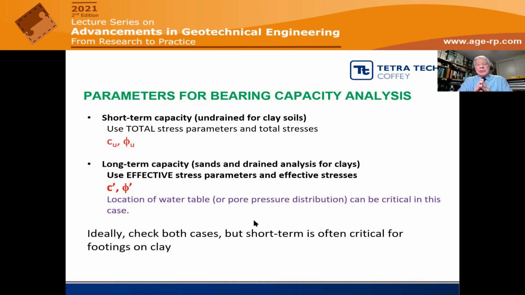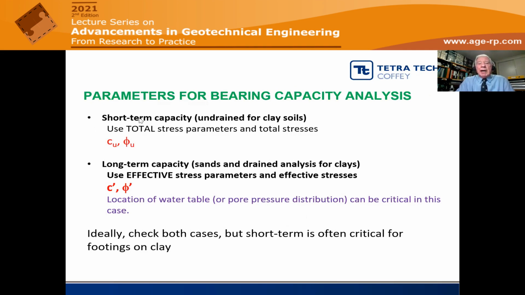Now, very importantly, we need to recognize that soil being a somewhat complex material, the parameters of that soil depend on how the soil is loaded. And so in geotechnical practice, we look at generally two sets of parameters at least.